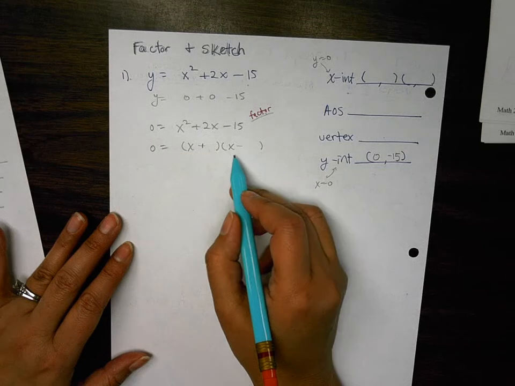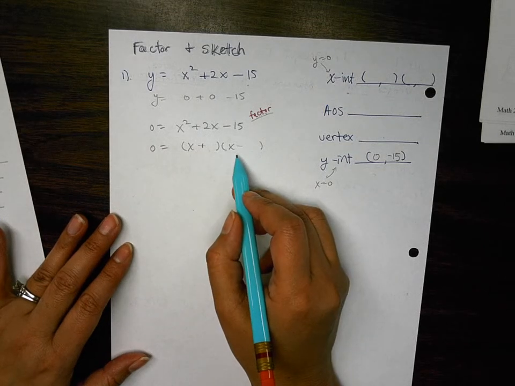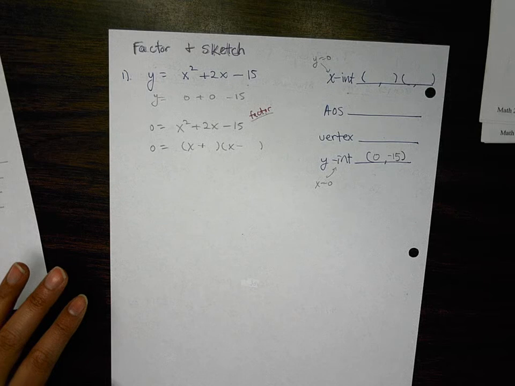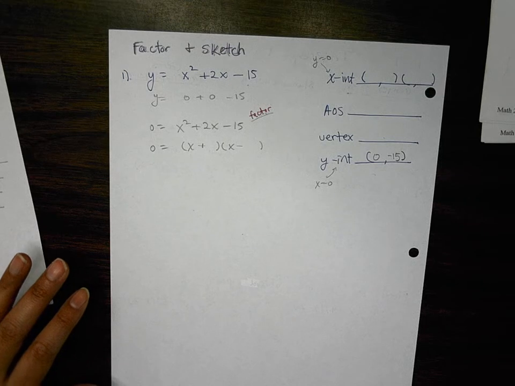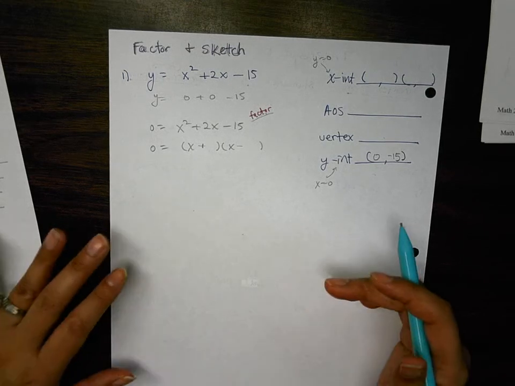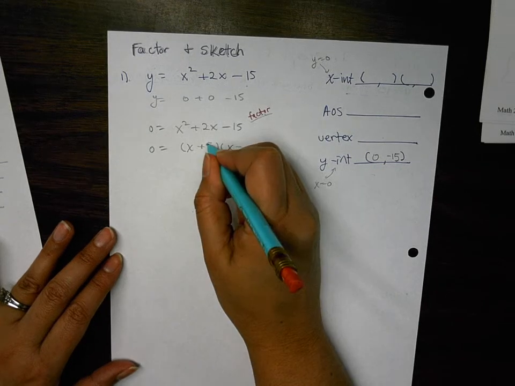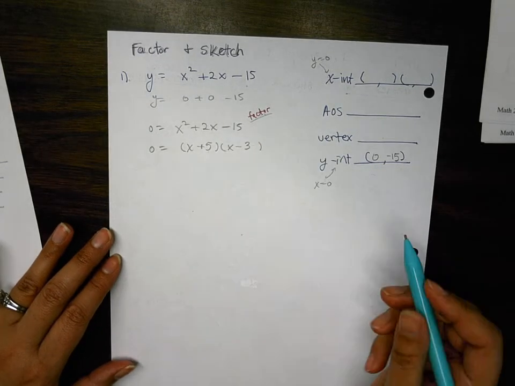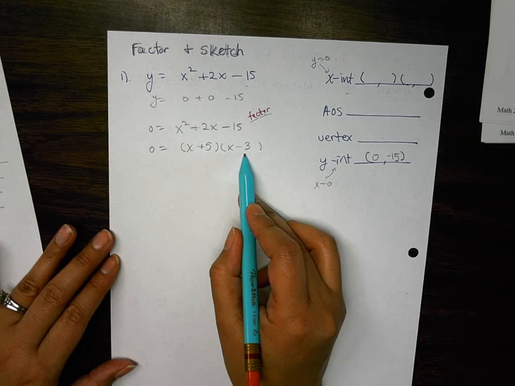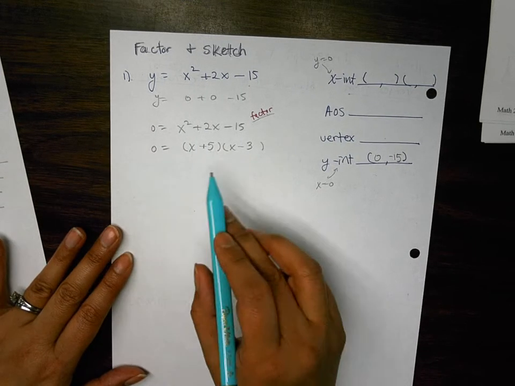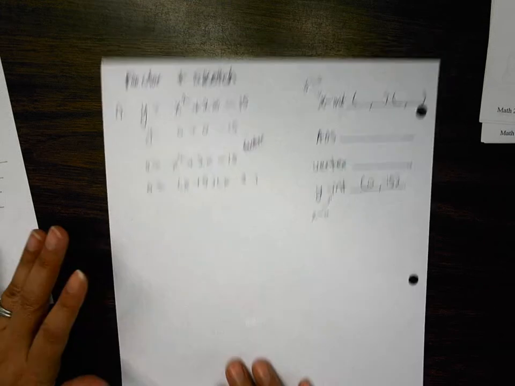What is it? 5-3. Do you guys agree it's 5-3? Yes. Can anybody tell me, Jackson, are you working with us? Which one's positive, which one's negative? Anyone? Positive 5 and negative 3? Does that work? Yes. At this point, we usually stop. Oh, that's our answer, but right now we're solving.